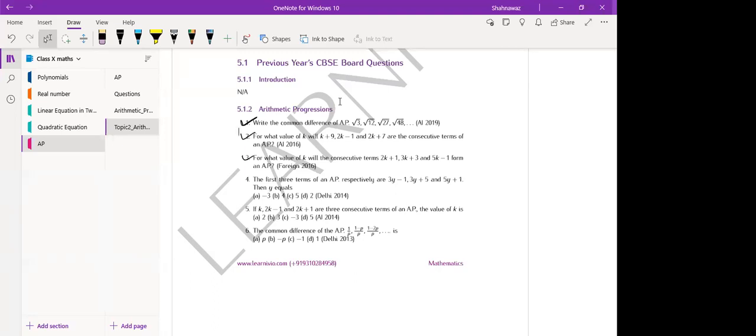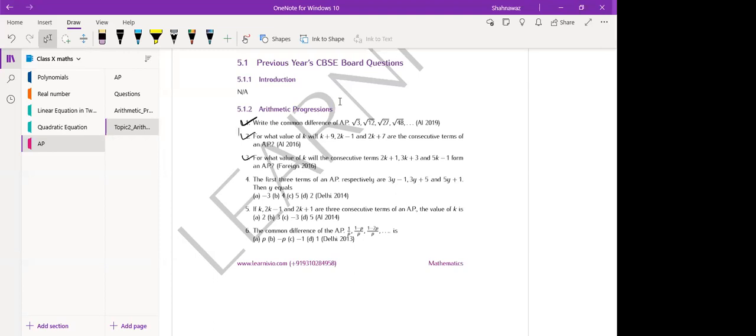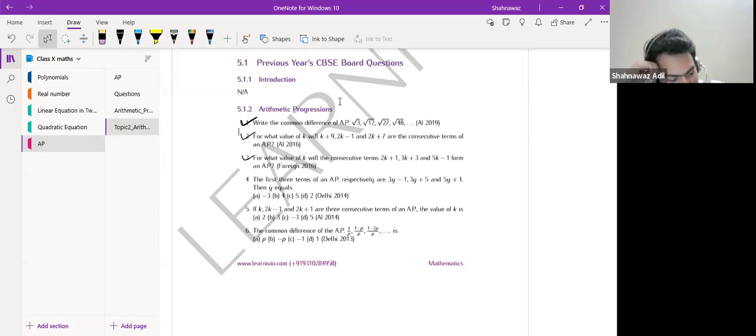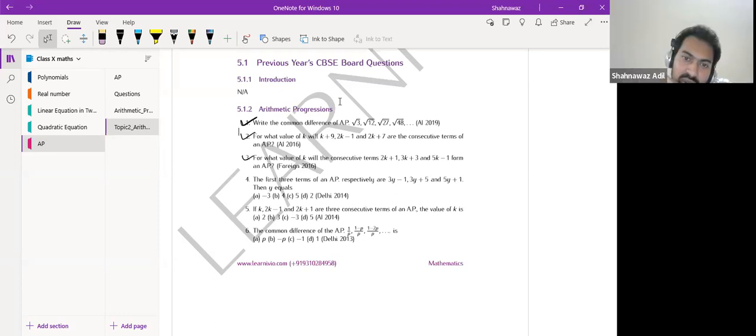How did we prove that any progression was an AP? We proved the D. And what was the D for all these subsequent terms?